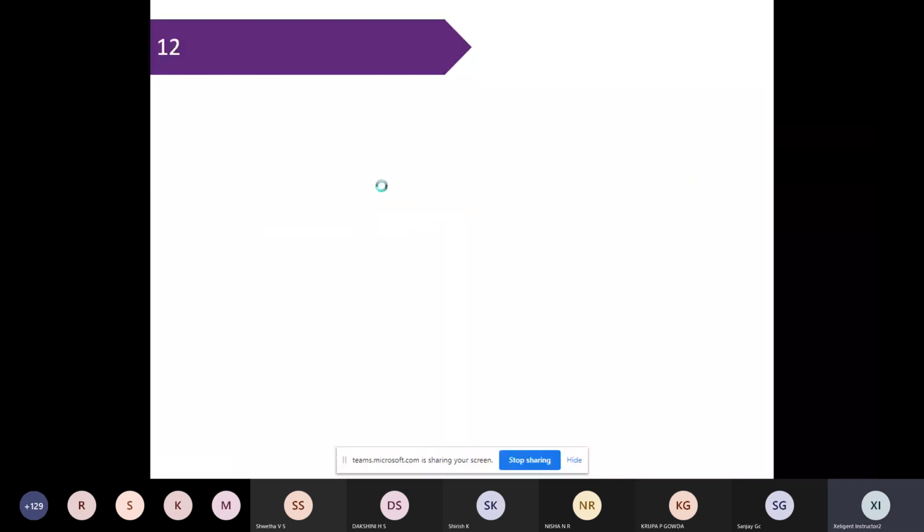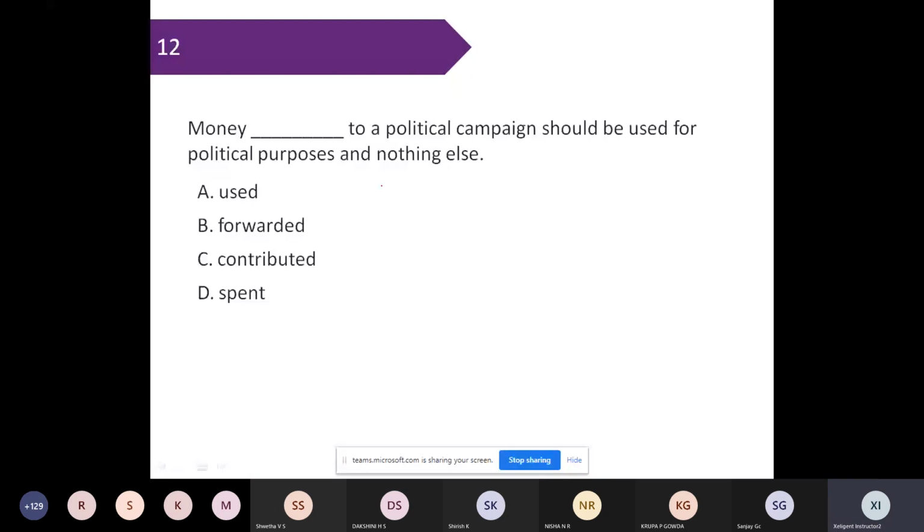12th question. Money blank to a political campaign should be used for political purposes and nothing else. What is the guess word? Okay, give.